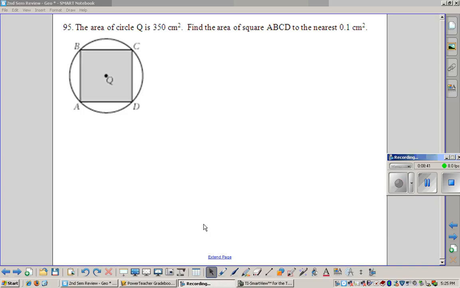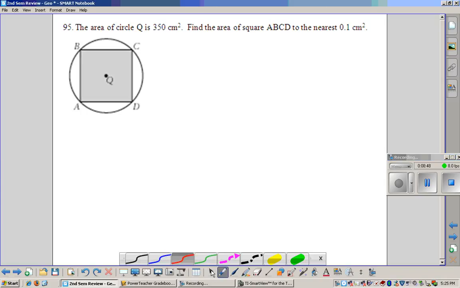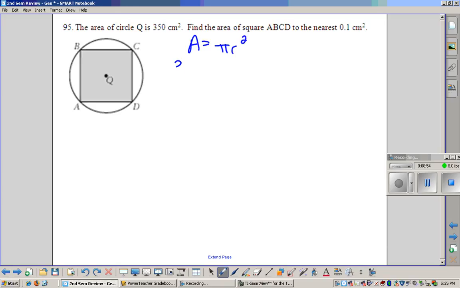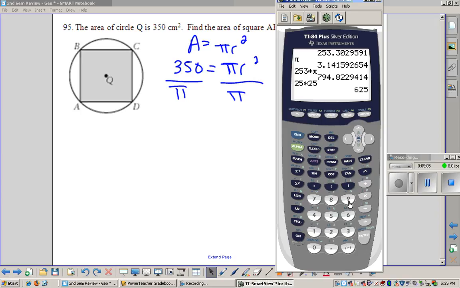Okay, the last one says the area of the circle is given. Find the area of the square. Okay, so the area of the circle will be good. We'll use that. So the area of a circle is going to be needed. And they give us the area of the circle. And we're going to divide by pi both sides. 350 divided by pi.